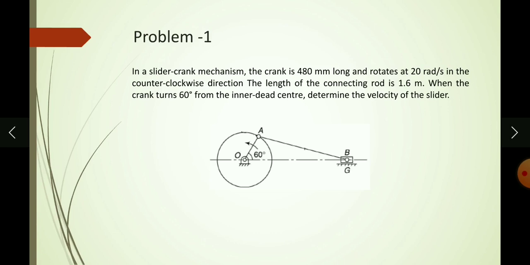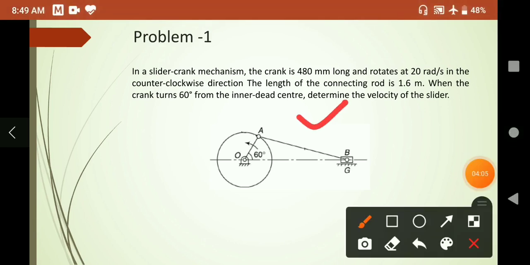So this is one of the problems, where we consider a slider crank mechanism. The dimensions of the various links in the slider crank mechanism are given. Before starting the velocity analysis, first you need to draw this mechanism with the exact dimensions, and then we will start drawing the velocity diagram.